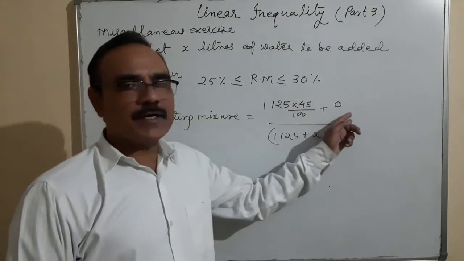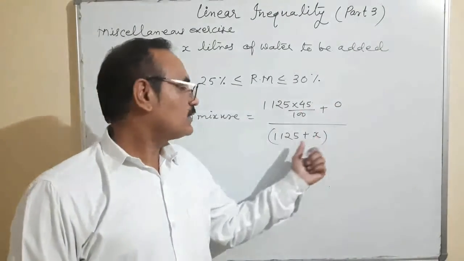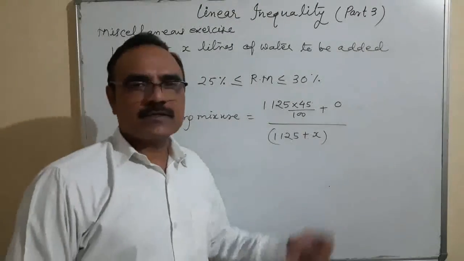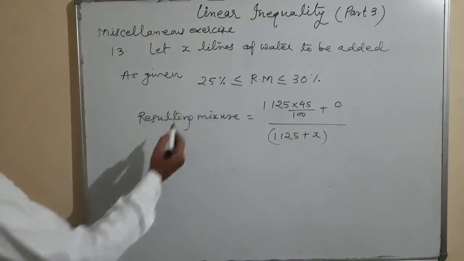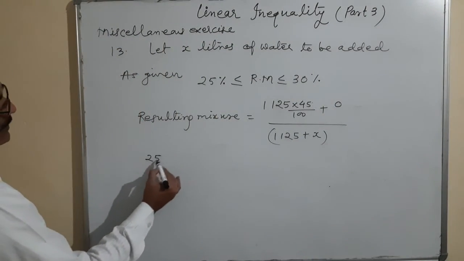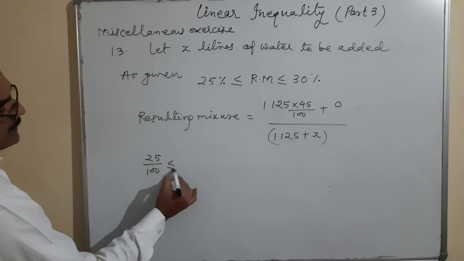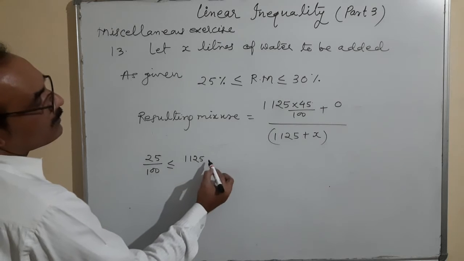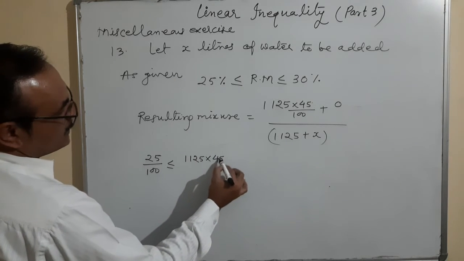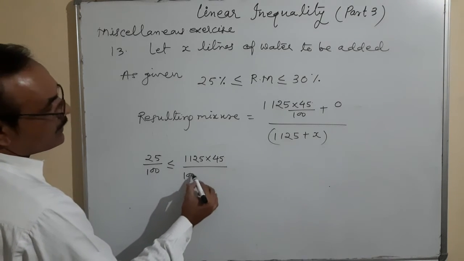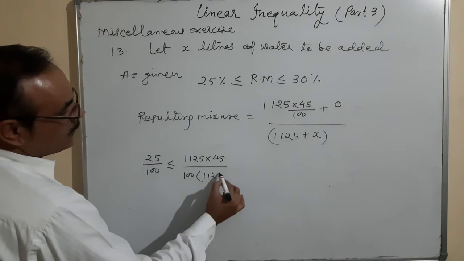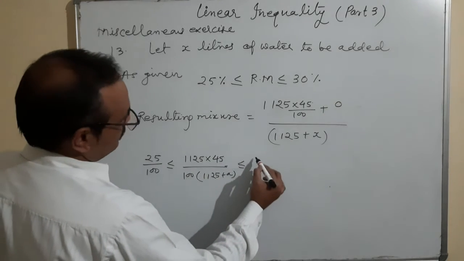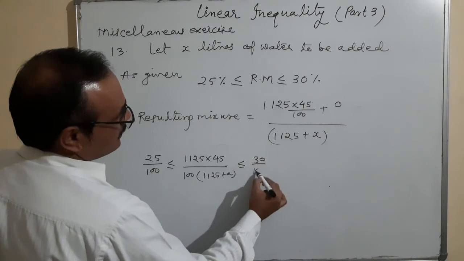1125 into 45 upon 100 plus 0, so concentrated upon total mixture 1125 plus X. We'll put the value here. So 25 upon 100 is less or equal to 1125 into 45 upon 100, upon 1125 plus X, is less or equal to 30 upon 100.